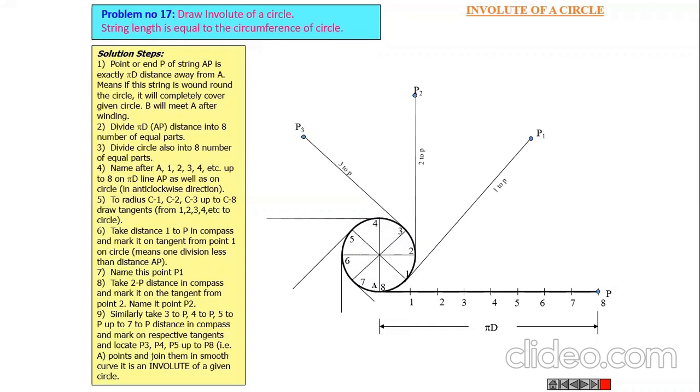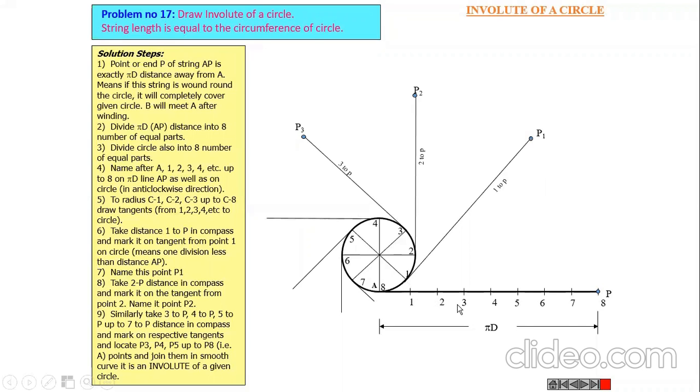Then take C to 1 as a radius. Draw an arc and cut the first line.